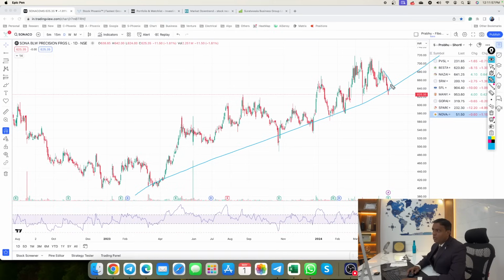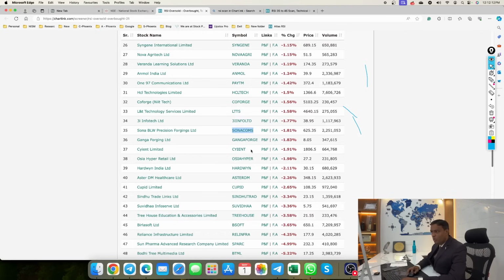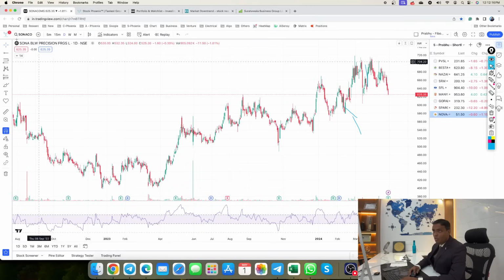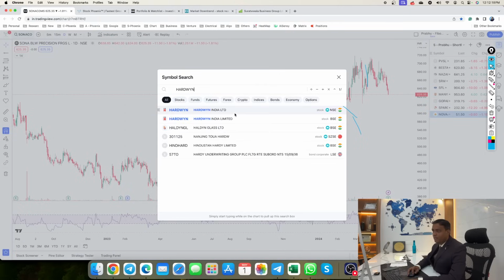Again it hits, it will go up. Again it hits, it will go up. Avoid. I need a proper downtrend, not this kind of downtrend. Five or six candles cannot be considered a downtrend. We have to follow all the rules which have been set. And this stock was also one more in radar.